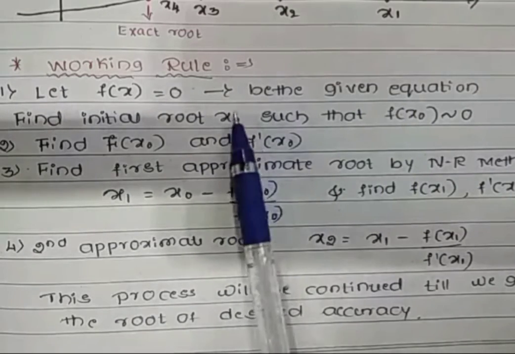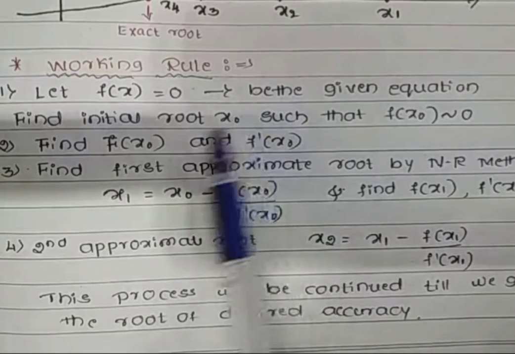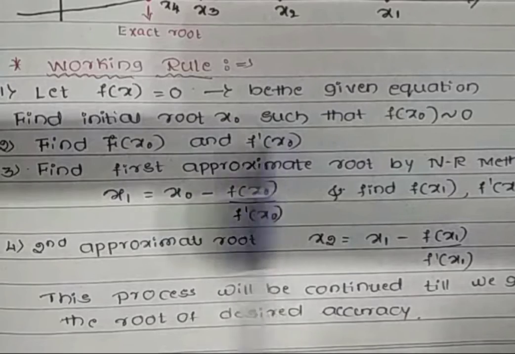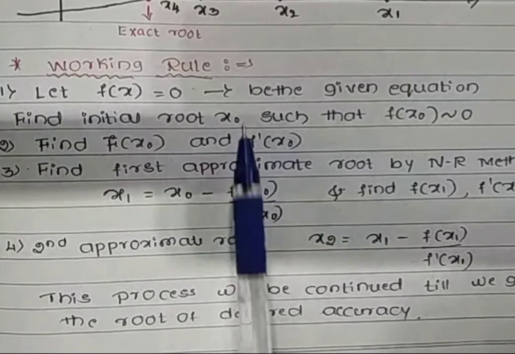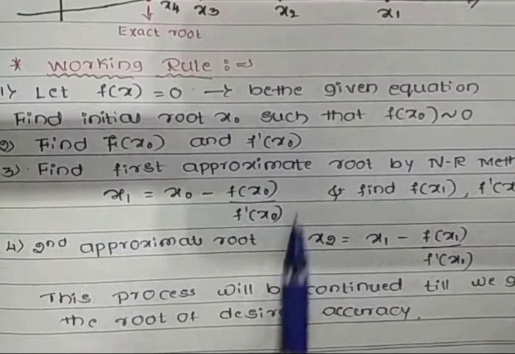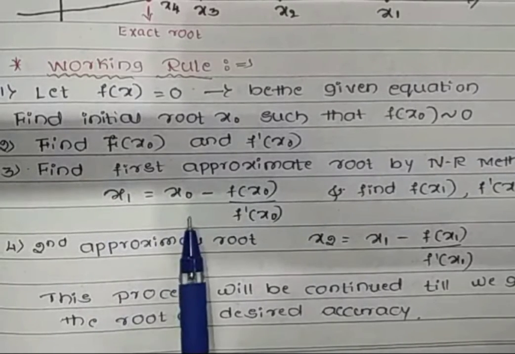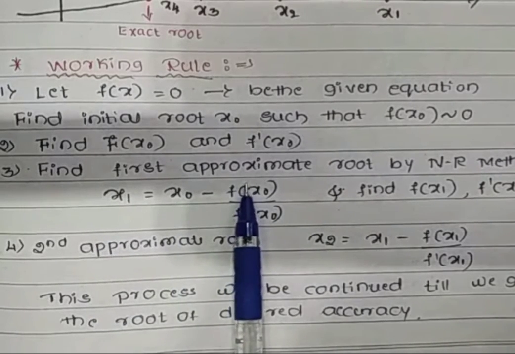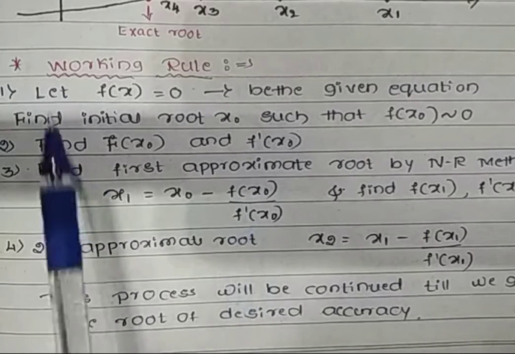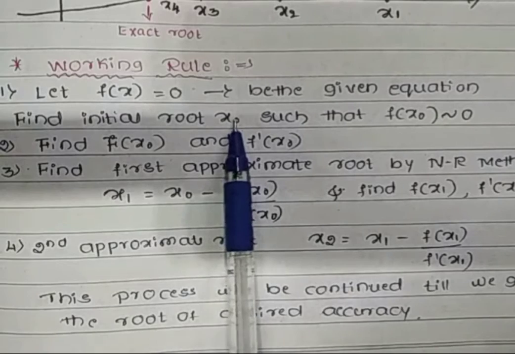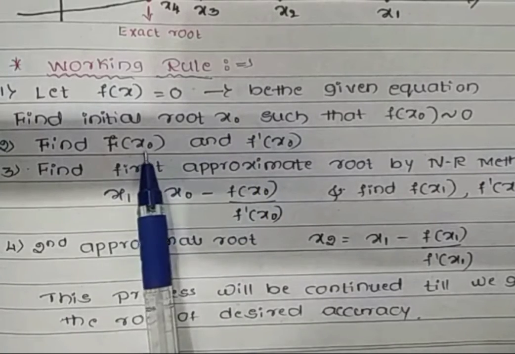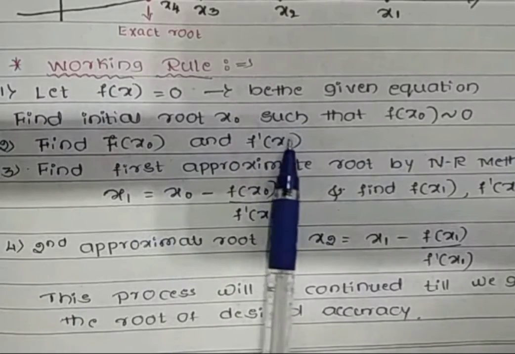Then after considering x naught, we have to calculate f of x naught and f dash of x naught. Why are these two values required? To calculate the first approximation we have this particular formula, and in this formula we can observe f of x naught is there and even f dash of x naught is there. For that, once we consider the initial root x naught, we have to calculate f of x naught and f dash of x naught.